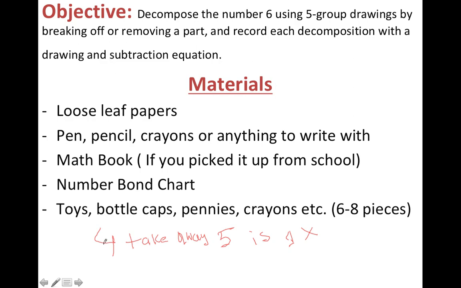Again, I would write, remember the big number always goes first. So 5 take away 4 is 1. Again, the blue one is correct and the red one is incorrect.